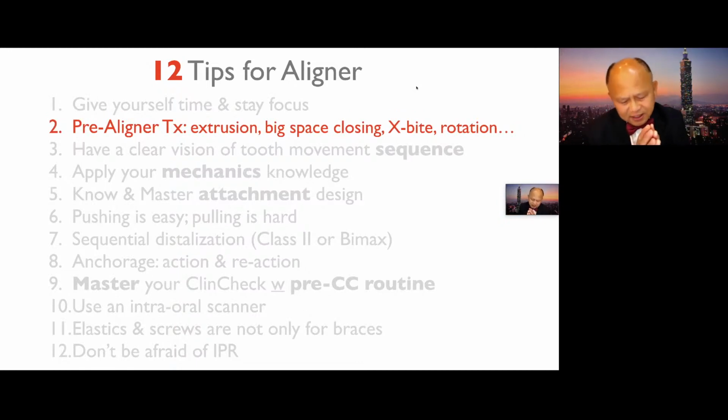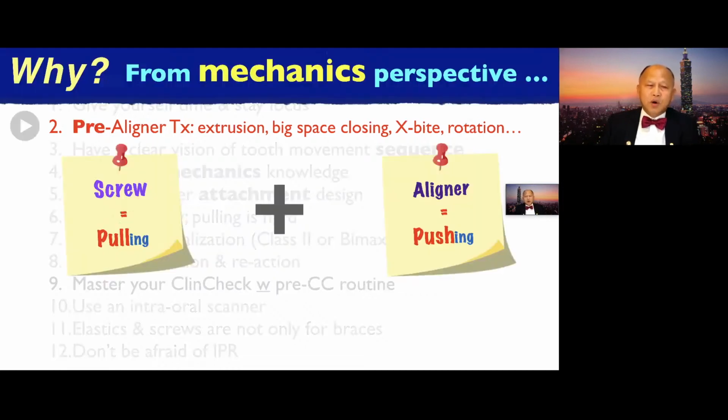For cases that contain extrusion, uprighting, big space closing, posterior crossbite rotation, and impaction, sometimes I will spend maybe 5 to 6 months doing pre-aligner treatment, which helps me tremendously when we get into the aligner procedure. And that's why I'm going to share with you pre-aligner treatment.